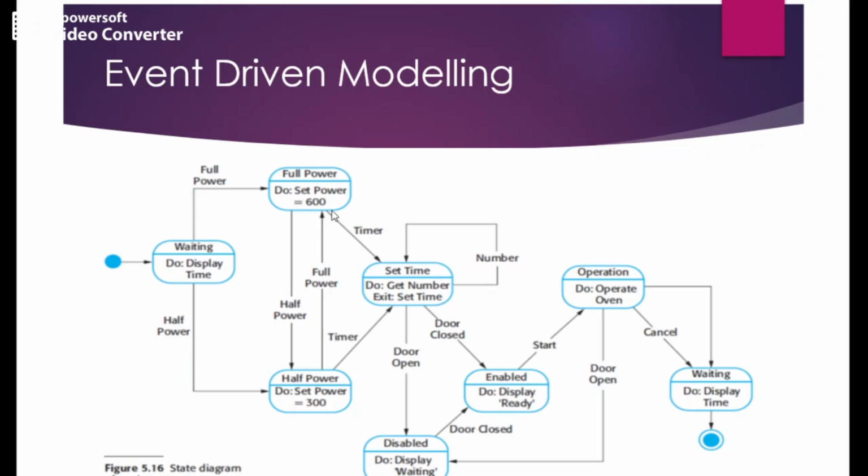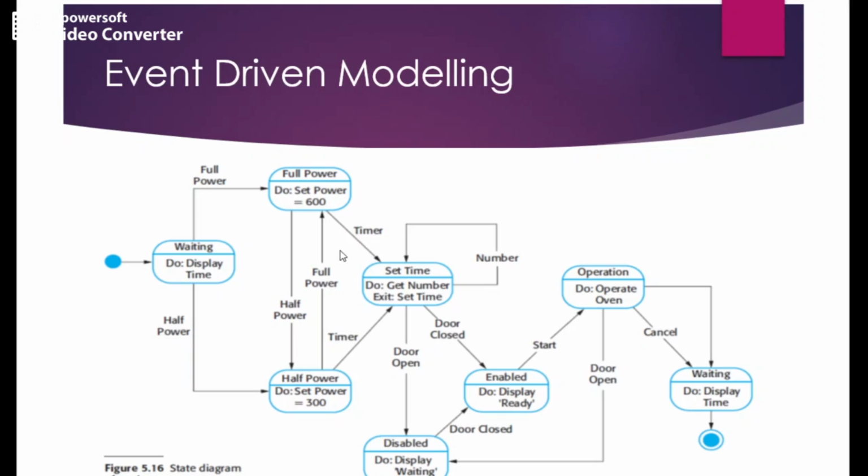Set the power to 600 watts. If you select half power, based on that stimuli or event, your system will move from the waiting state to the half power state. Here do: set the power to half of that, 300 watts.